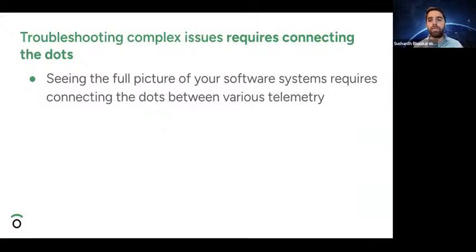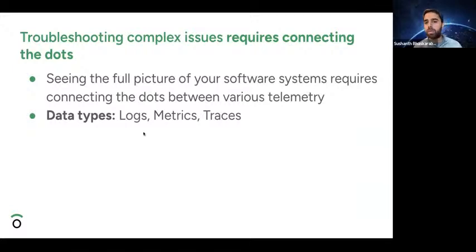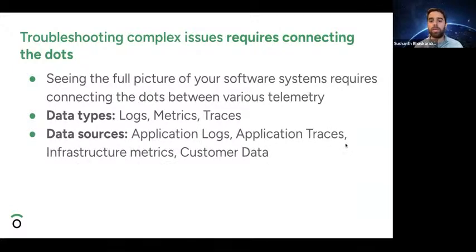It really involves looking across telemetry sources and layers of the stack. This could be data types like logs, metrics, and traces, but also sources: telemetry that's coming from application logs, traces if you have tracing implemented, infrastructure metrics, which could be hosts or Kubernetes, and even customer data, which may be none of the above, but just static information that's stored by your customers.